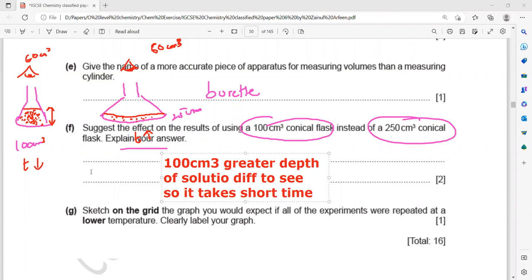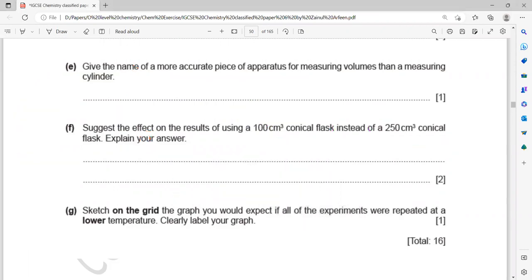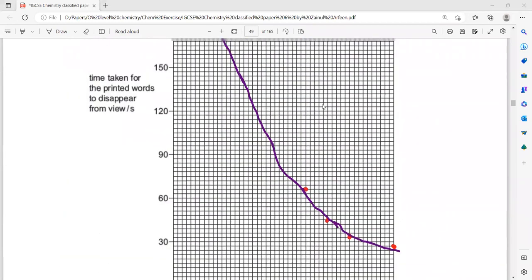Then sketch on the grid the graph you expect if all the experiments were repeated at a lower temperature. The curve will be the same shape, but less steep, and the time will be longer. This is our original curve.